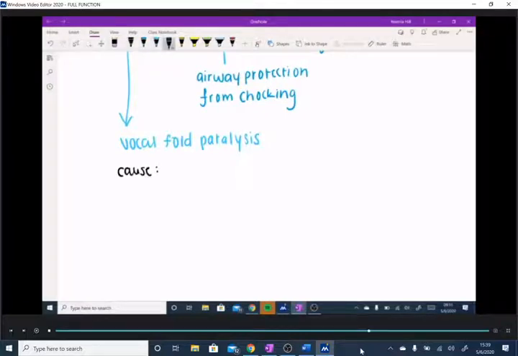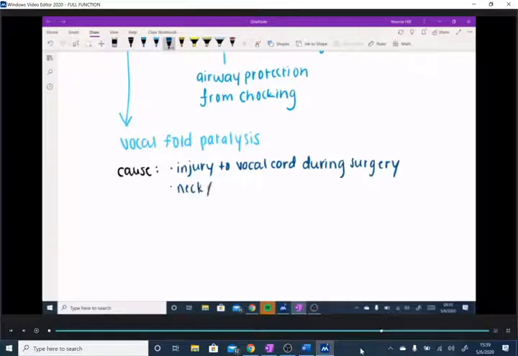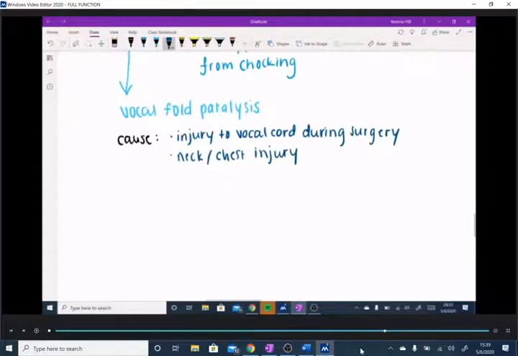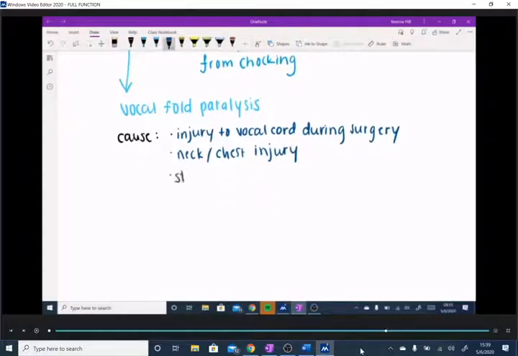So the causes of vocal cord paralysis have to do with injury to your vocal cords during surgery, having severe damage could actually just stop your vocal cords working. And some of these surgeries can be from the thyroid into maybe your neck or your chest. Another type is trauma to your neck or chest area.